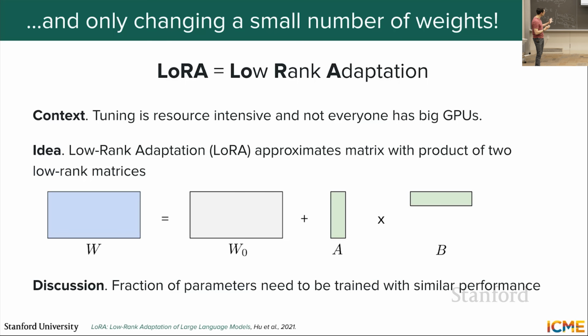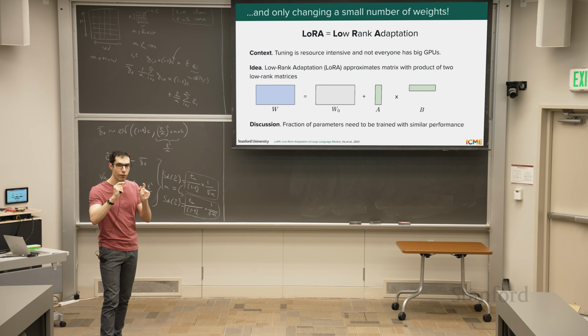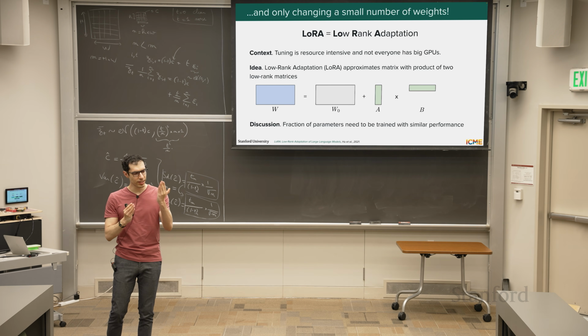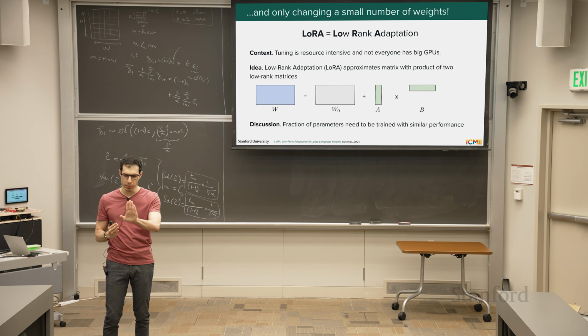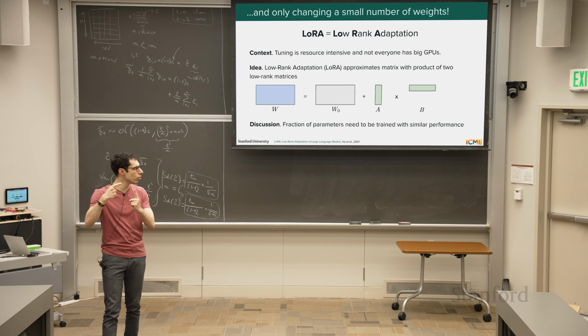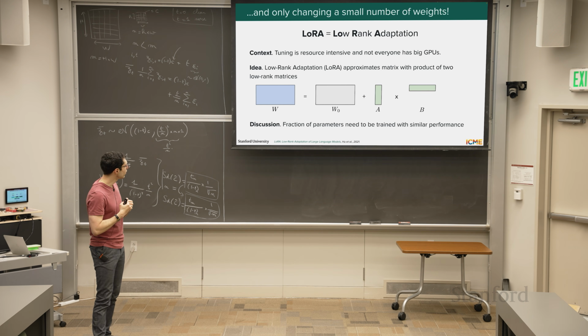And what this method does is, instead of training all the weights of your model, it only trains a fraction by considering that the weights of your model are the weights of the base model plus 2 low-rank matrices.